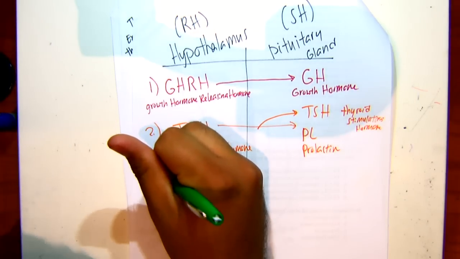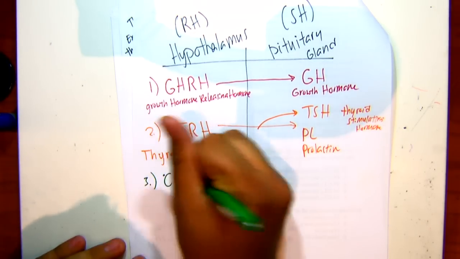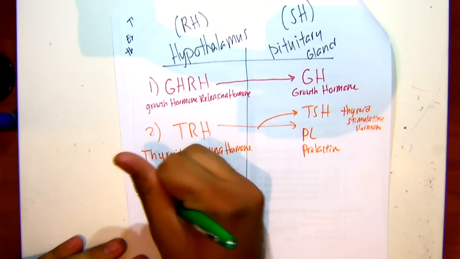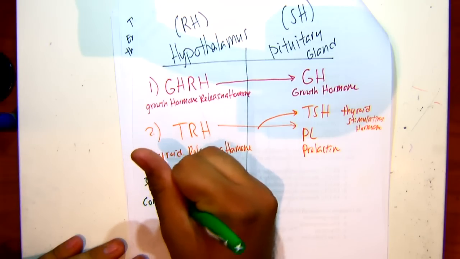Next is our CRH, and that's our corticotropin releasing hormone.